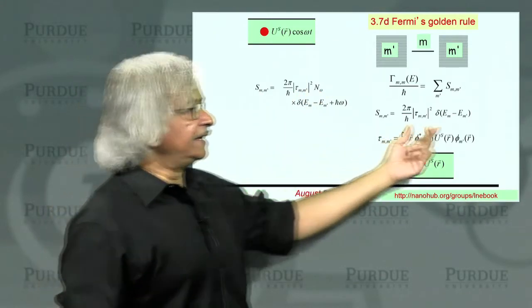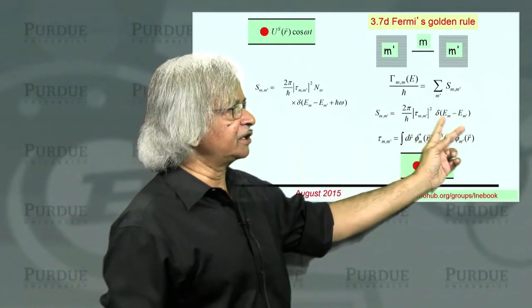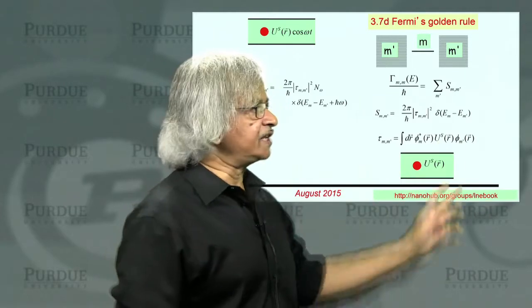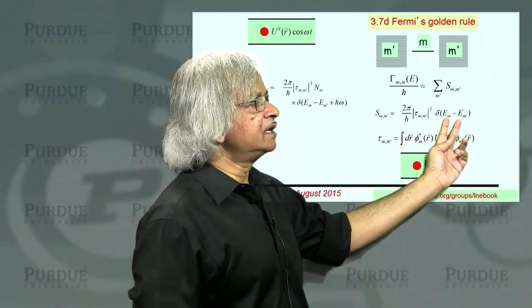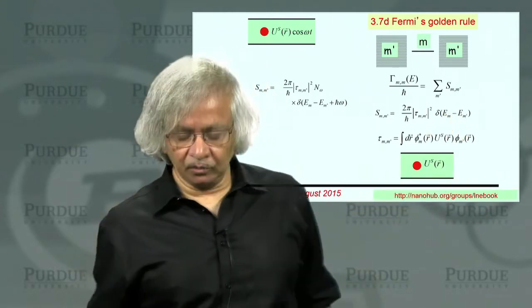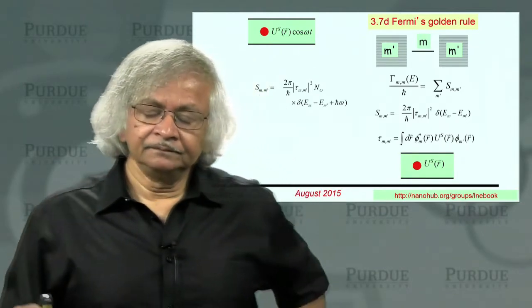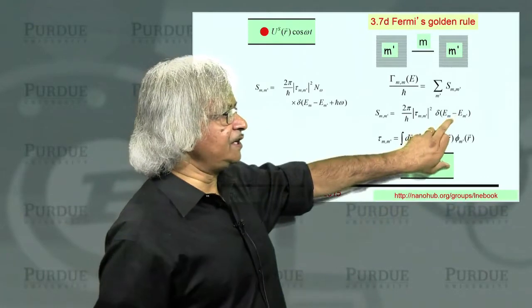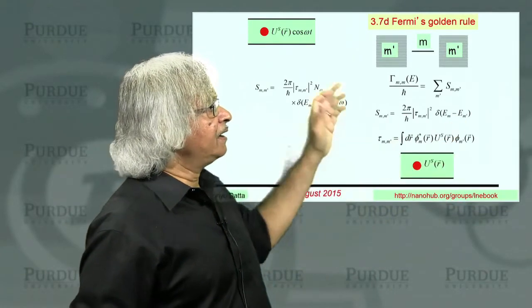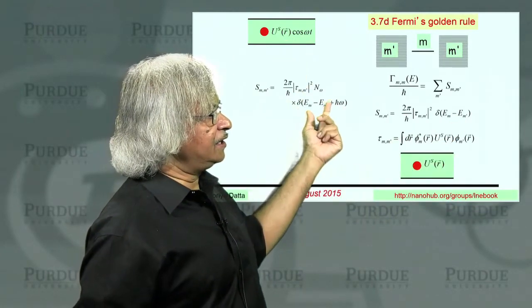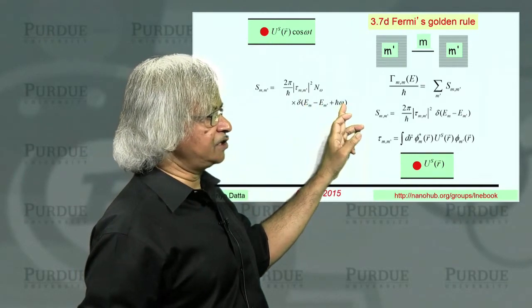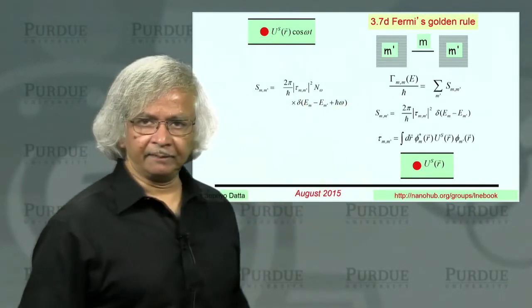And this delta function here, note that what it ensures is that the initial and final states have the same energy, because the delta function is non-zero only when the argument is 0, which means when Em is equal to Em prime. But in this case, Em is not equal to Em prime, rather Em plus h bar omega is equal to Em prime.